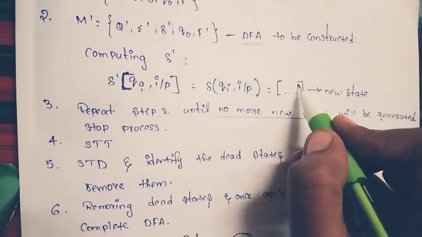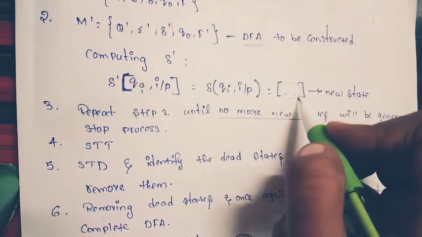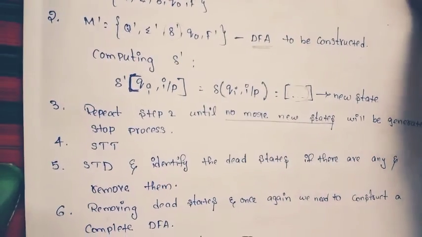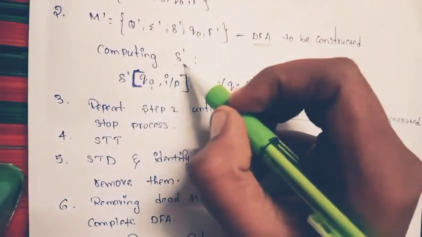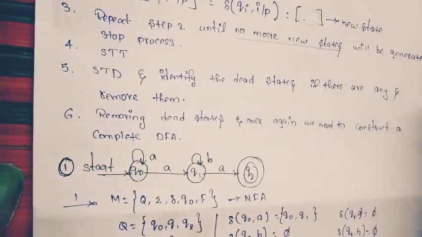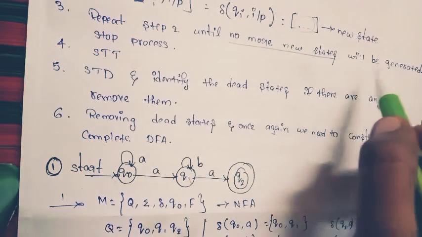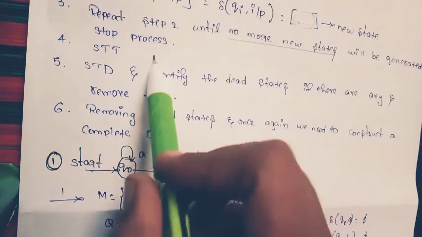Then we can get a new state. Whichever states we get other than the states from the diagram, we call them new states. You will know this step briefly when doing the problem. So let's see the third step, that is, repeat step 2 until no more new states are generated. Then stop the process.